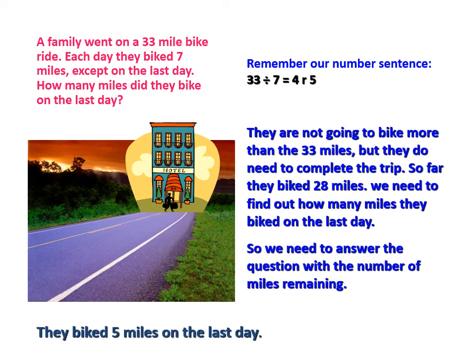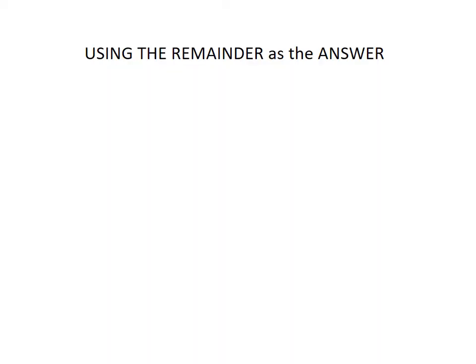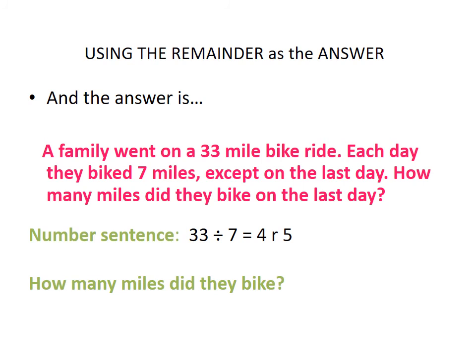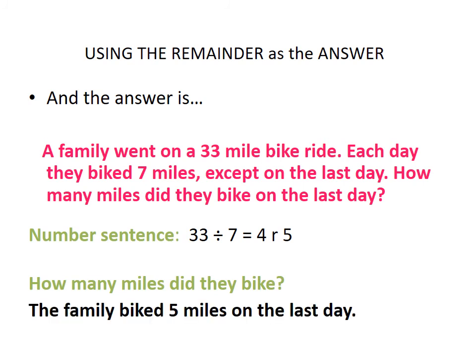If they biked 28 miles, how many more miles until they complete their goal of 33 miles, which would give you 5. So when you use the remainder as the answer for this problem, you get 33 divided by 7 gives us 4, remainder 5. The family biked 5 miles on that last day.